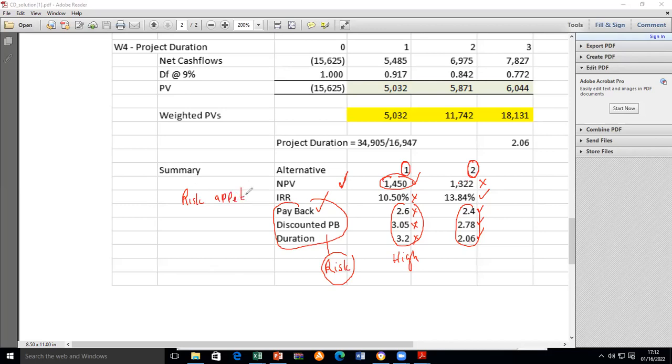It all depends on what? Risk appetite. Yes. Risk appetite.